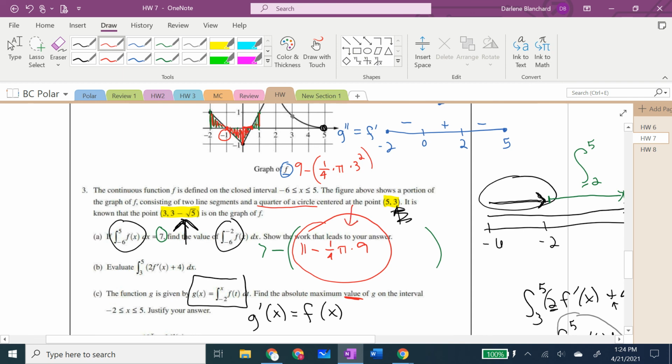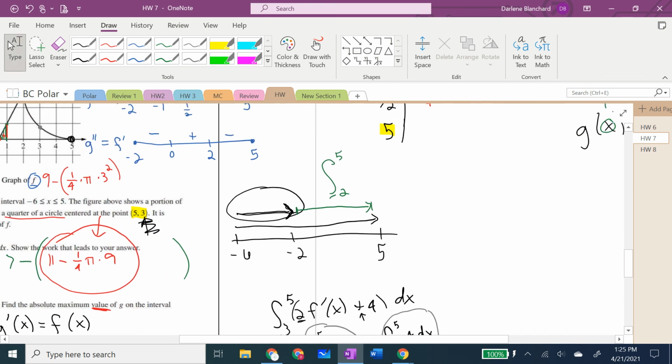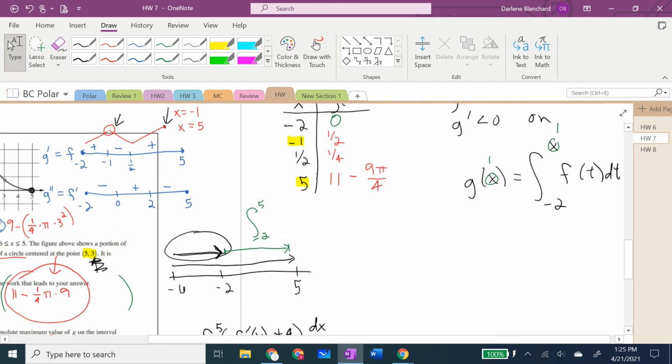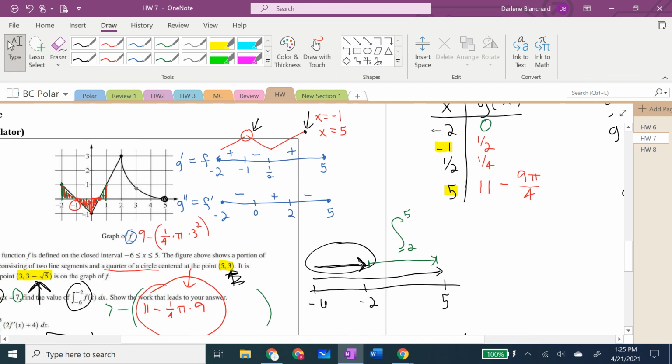This right here is the answer to the integral from -2 to 5. So that is 11 minus 9 pi over 4. Now I've got to figure out which one is going to be larger.